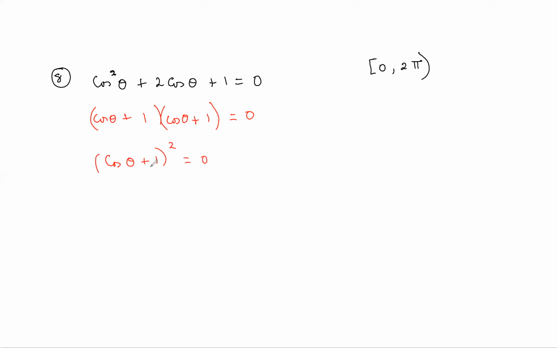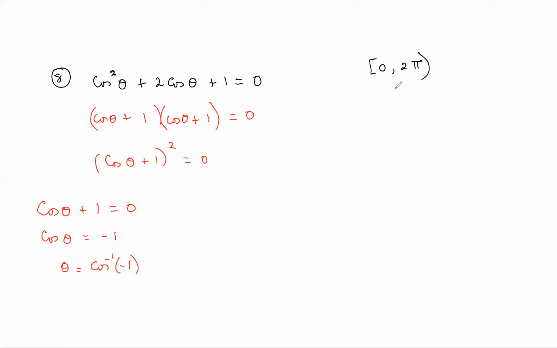In other words, we got only one option. I try to solve this equation, and the angle will be the inverse when it's -1.